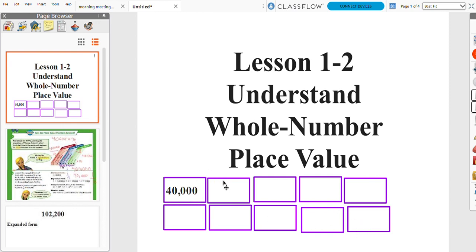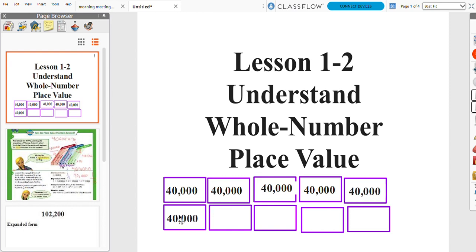So 40,000, 80,000, 120,000, 160,000, 200,000. This is 200,000, and we keep going until we get 400,000. All of these together, if you wanted to add them, would be 400,000, right?